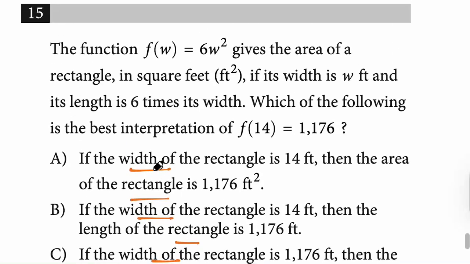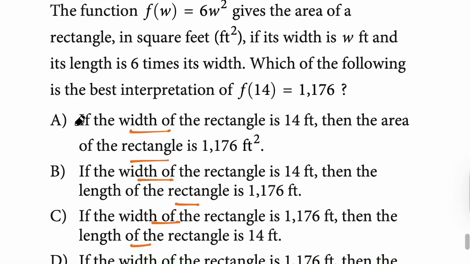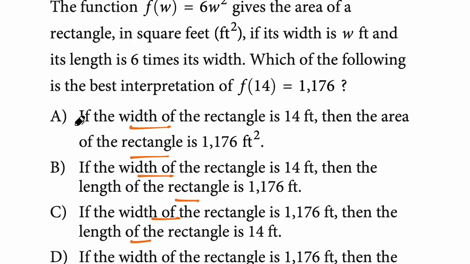Now, if we are doing it the regular way, we immediately start, okay, so 6 is the length. So that means 6 times width will be the length, and width is the width itself, and then area is equal to what? We will start like this. But this question is not demanding that, right? Just see the options and try to interpret what is given. f(14) is equal to 1176.